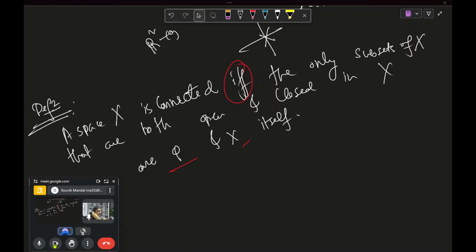So I was saying that we can prove the forward direction by contradiction.